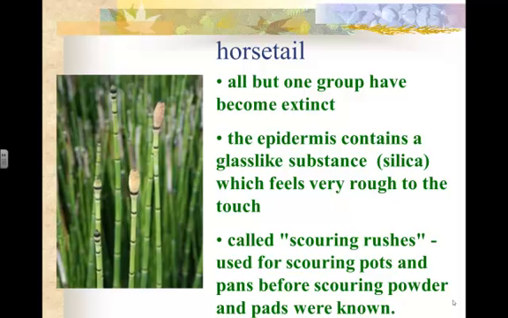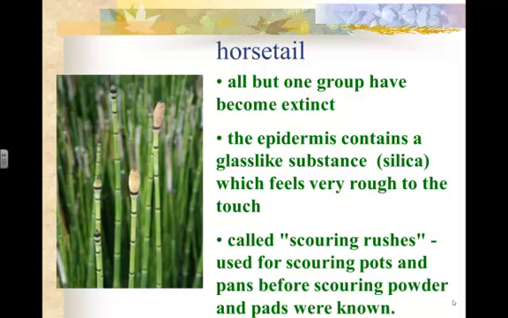Horsetail is quite unique, and all of the species except one has become extinct, but the other one that's not extinct is very predominant. And this is when all the leaves are off, and this is what's left. And the epidermis in these stalks, they contain a glass-like substance that's called silica, and you do need to know that.